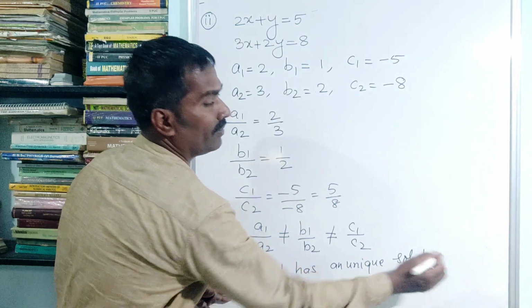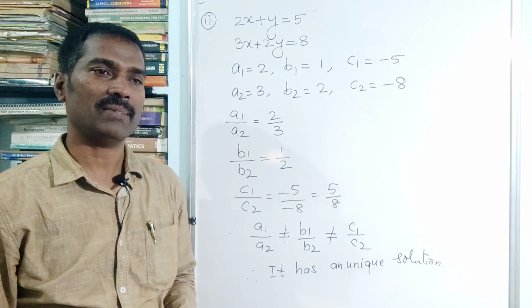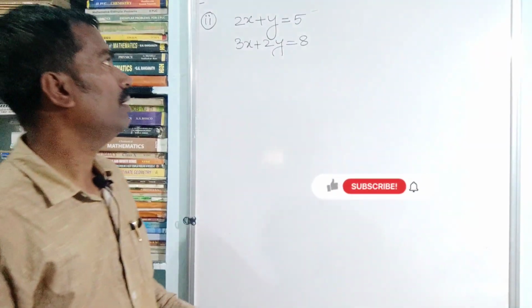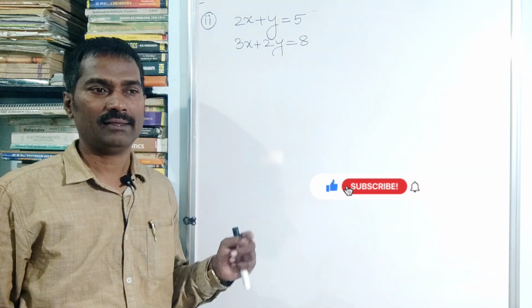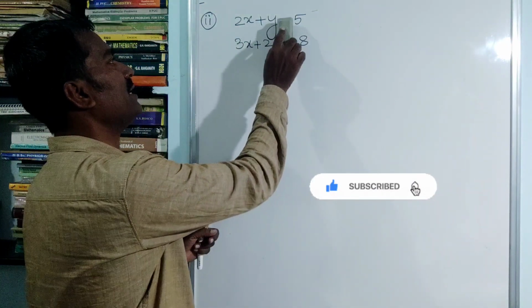So now we are going to find that unique solution by using the cross multiplication method. Now since it has a unique solution, we will find that solution by the cross multiplication method. For that we need to write them in the standard form.